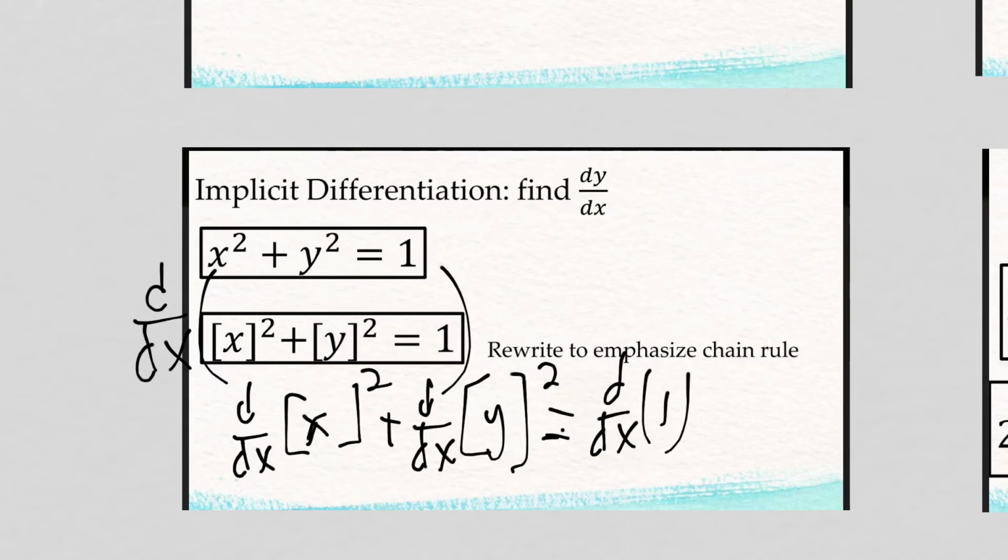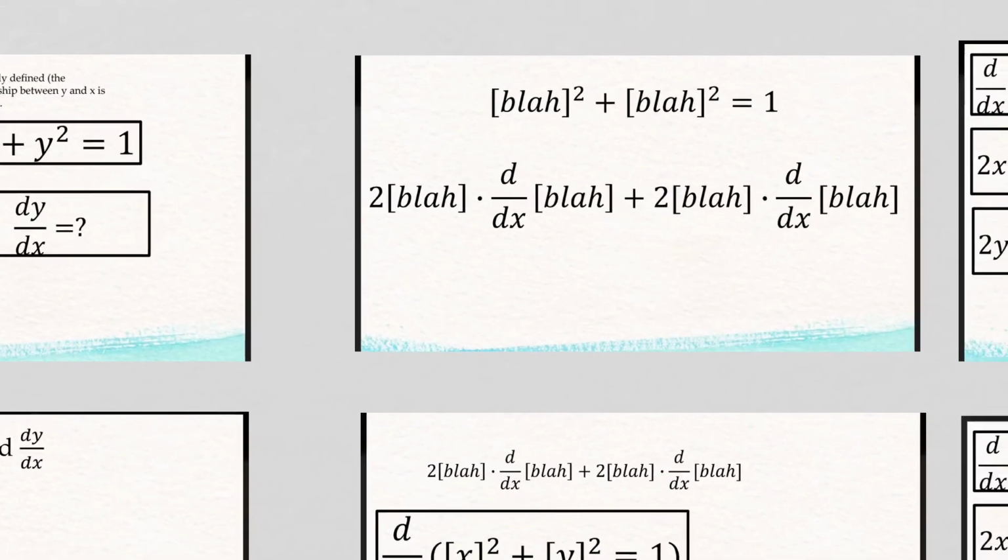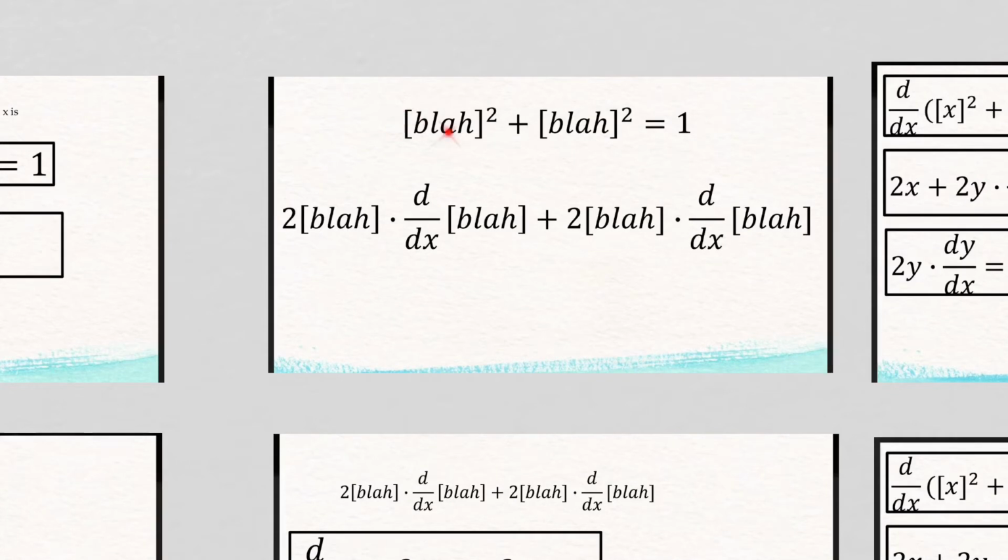So let's rethink how we take the derivative of something squared. If we have blah squared plus blah squared equals 1, then if we're taking the derivative of blah squared, by our chain rule, it's going to be 2 times blah times the derivative of blah. Same thing here, plus 2 times blah times the derivative of blah.